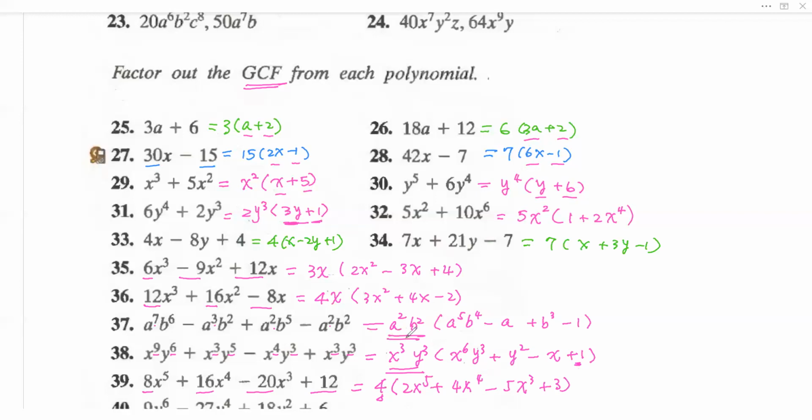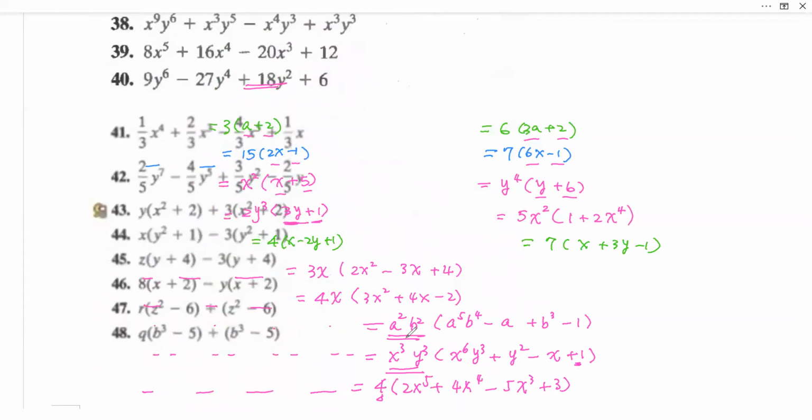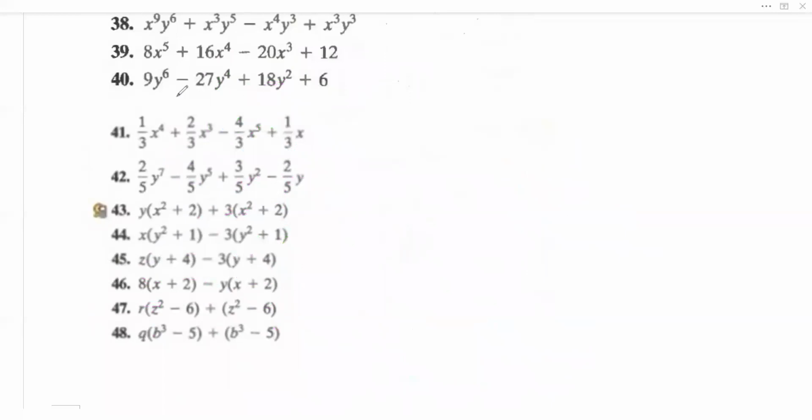All right, let's move on down to 40. For this one, let's see here: 9, negative 27, 18, 6. So what's the common factor of them? 3, right? So 3y to the power 6, here is 9y to the power 4, and 6y squared, and plus 2.